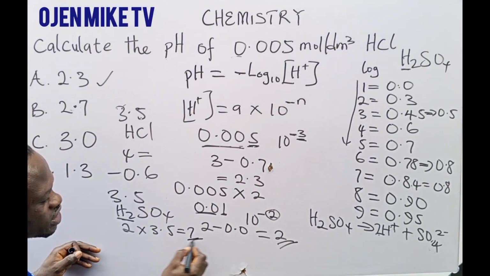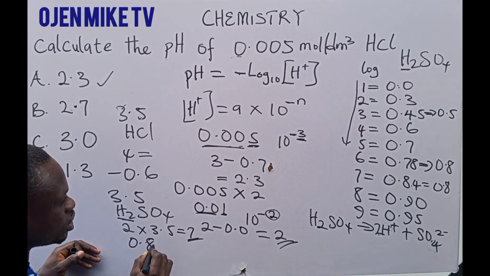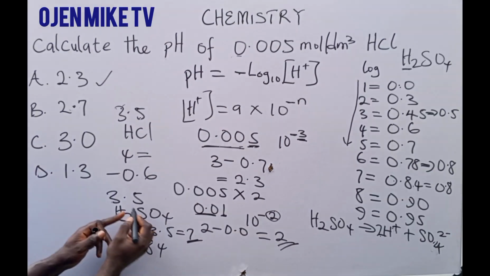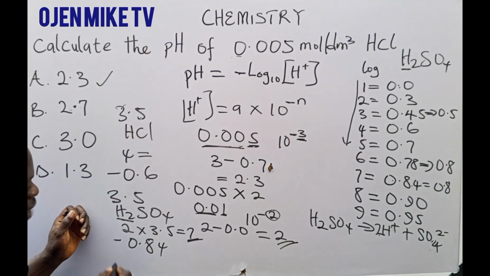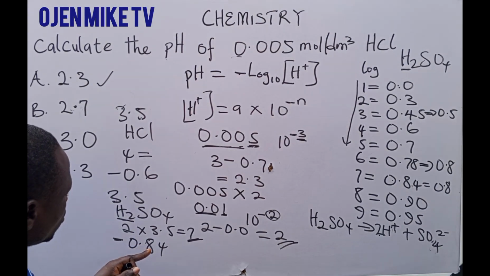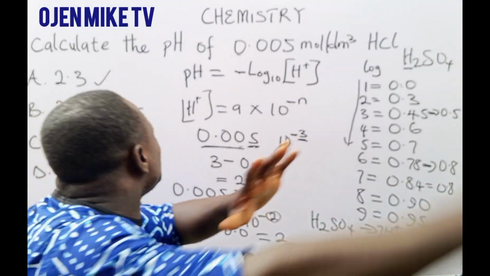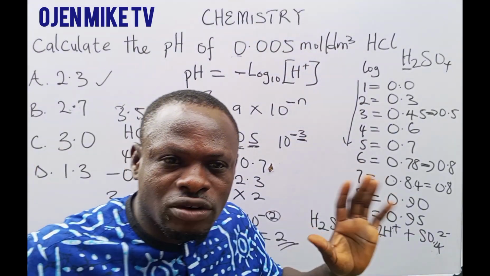The log of 7 is 0.84. Because there is no negative sign here and no 0 coming from anywhere, I will just say minus 0.84. That is how to calculate pH. Whatever number you are given, this is the simple trick of calculating pH.